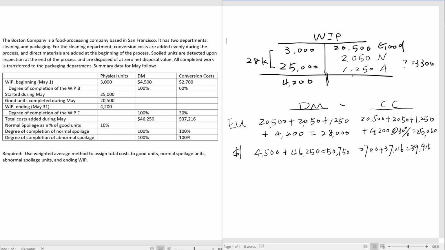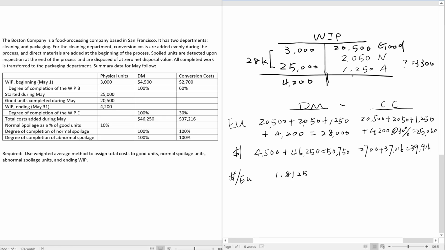Next is to calculate cost per equivalent unit. Direct materials per equivalent unit is 50,750 divided by 28,000 units equal to 1.8125.